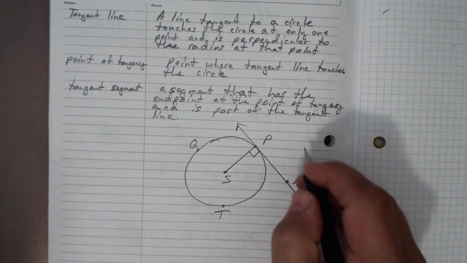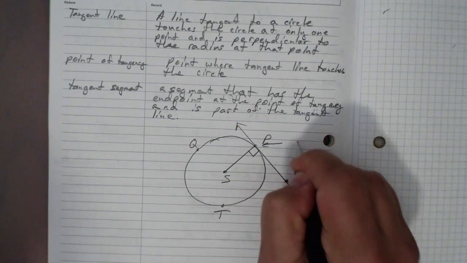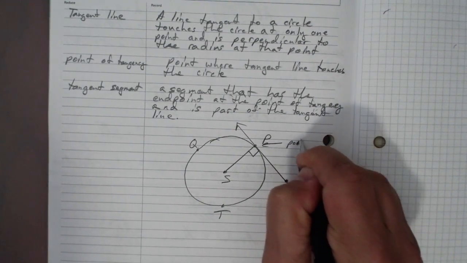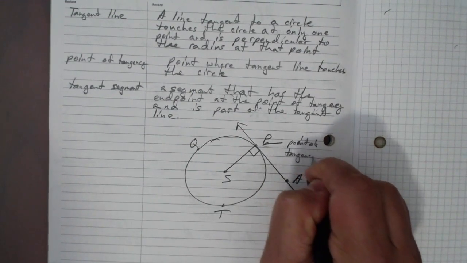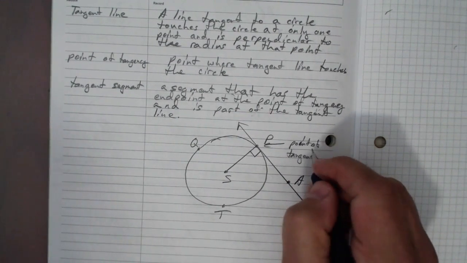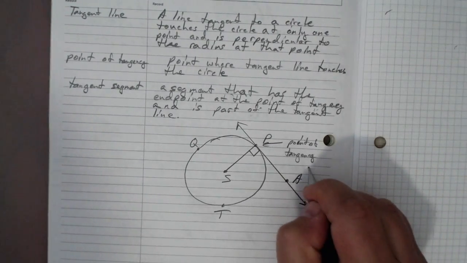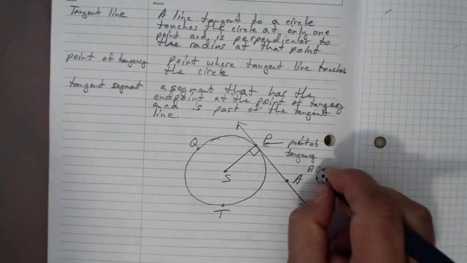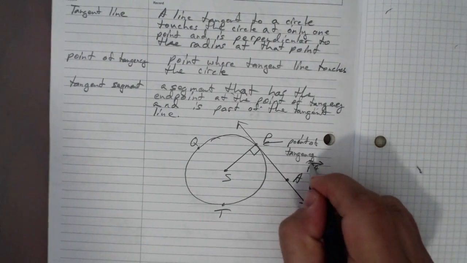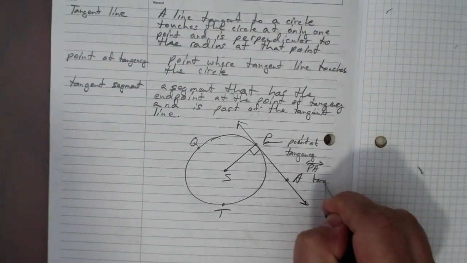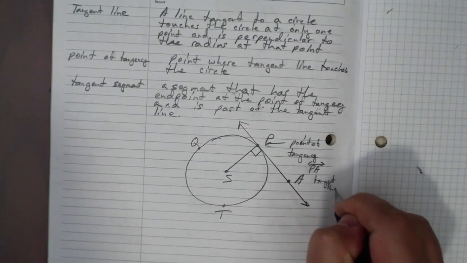So we have P is called the point of tangency, and PA is my tangent line. Okay.